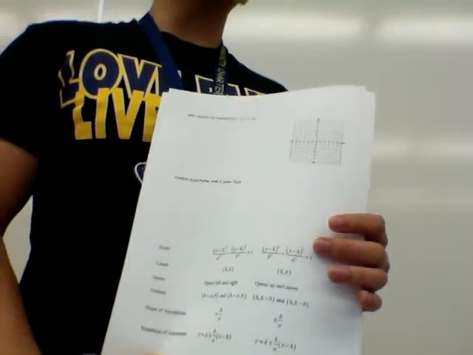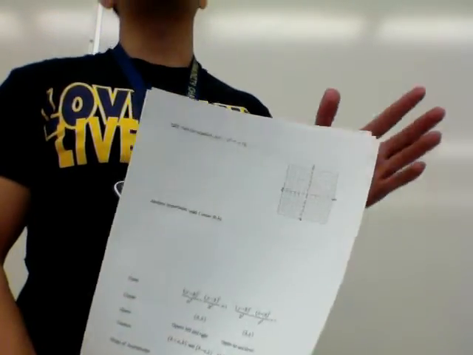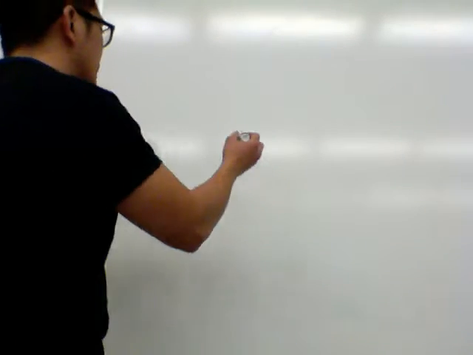Now, this process is exactly the same as doing the parabolas not centered at the origin and also the ellipses not centered at the origin. The hyperbolas not centered at the origin follow the same kind of method.